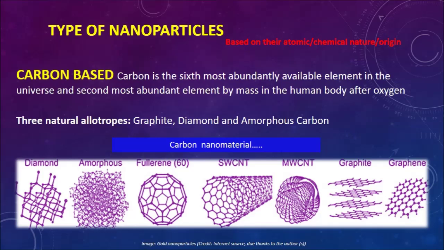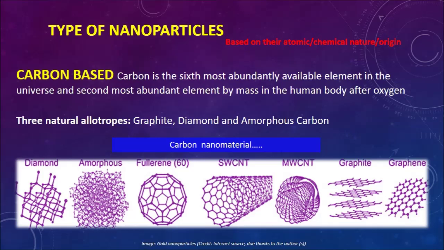The other type of nanoparticle includes carbon-based nanomaterials. Carbon is so important: it is the sixth most abundant element in the universe and the second most abundant element by mass in the human body after oxygen. There are three natural allotropes of carbon in nature: graphite, diamond, and amorphous carbon.